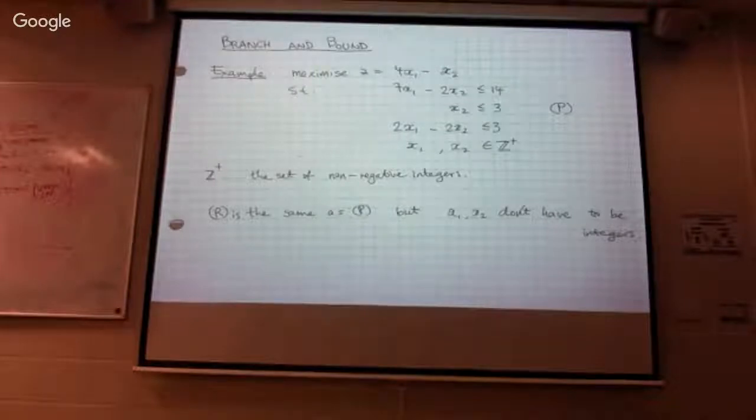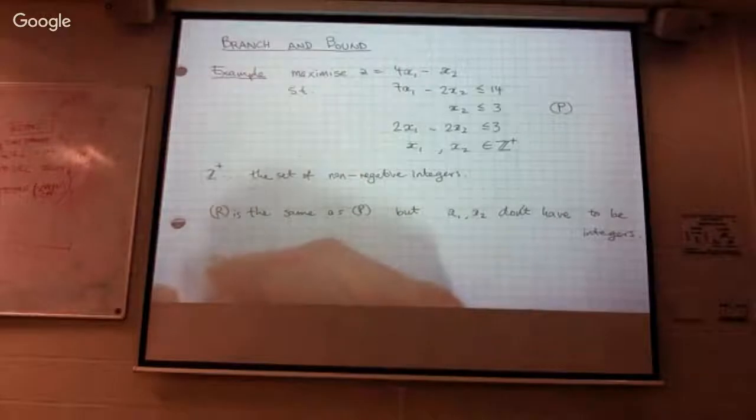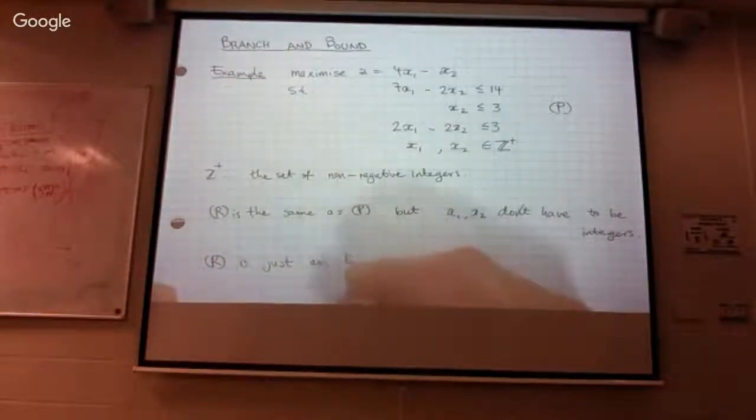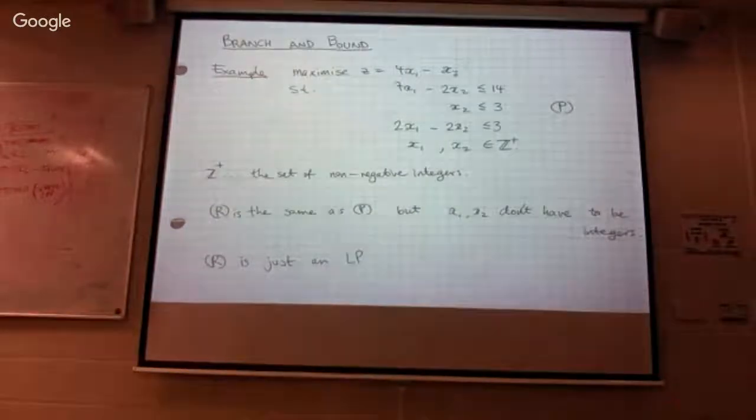Why? Yes, it's just an LP. R is just a linear program because it doesn't have anything other than the usual constraints of linear programming. So you can solve it using the simplex method.